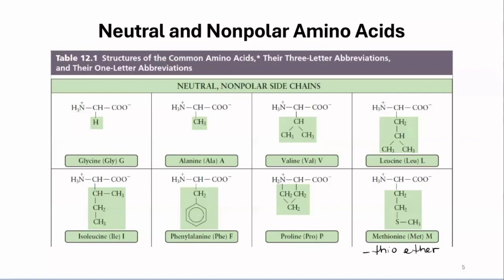Thio because there's a sulfur, ether because that sulfur is in between two alkyl groups. So out of all of the side chains that we see here, we can now include thioethers, in the case of methionine, as part of the non-polar side chain group.